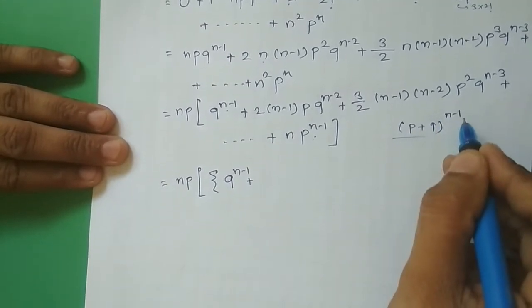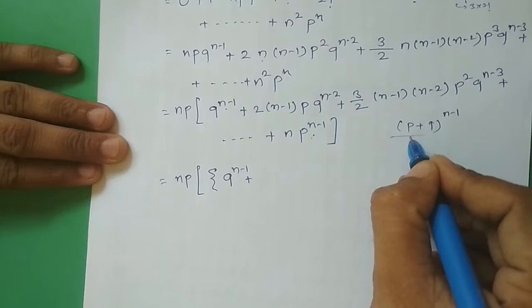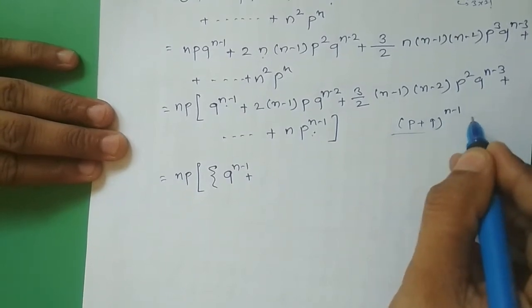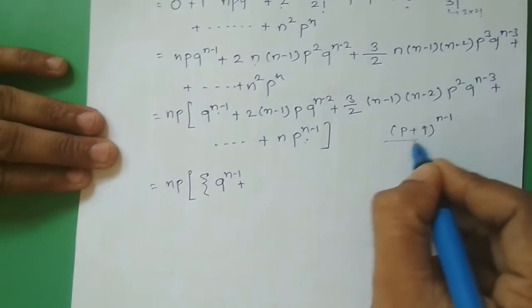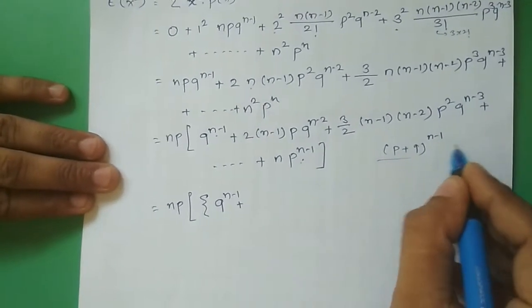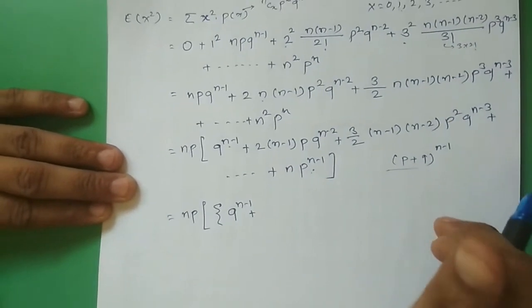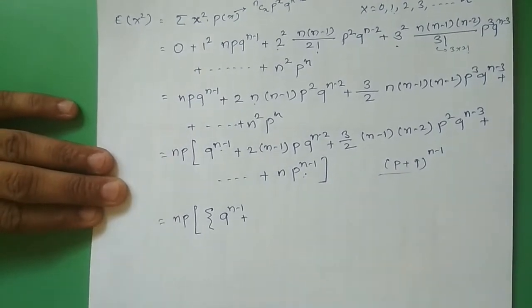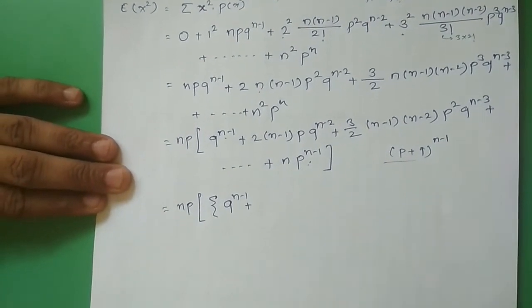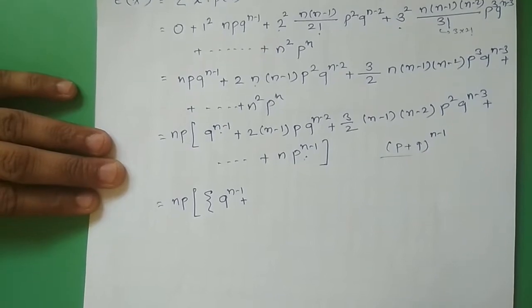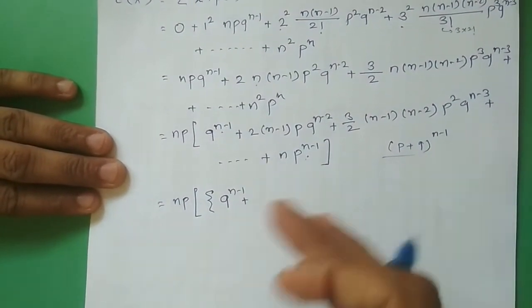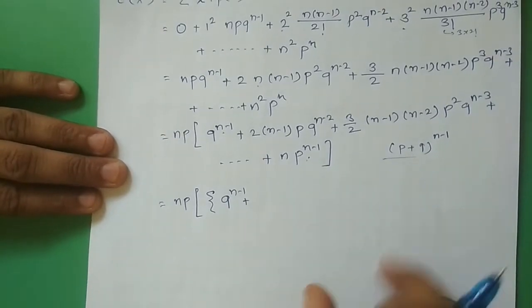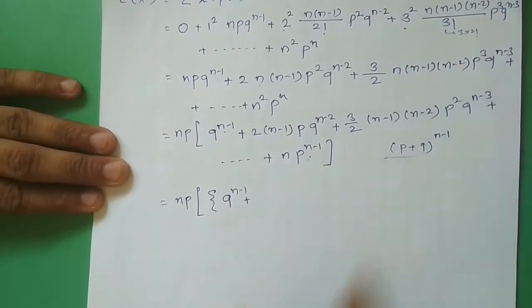So same way we can find out a formula for p plus q raised to n minus 1. So you can expand this p plus q raised to n minus 1 in your own way, using the last formula that we have seen, that is mean is equal to np. So from that you can find out the various terms that can become in p plus q raised to n minus 1.